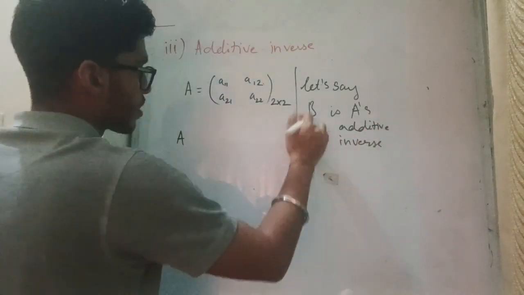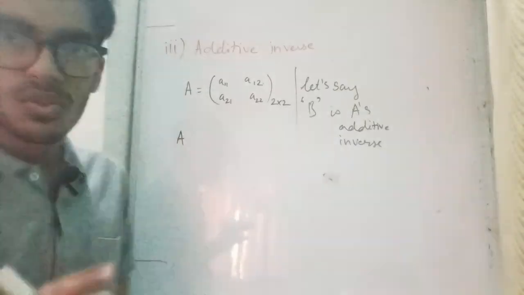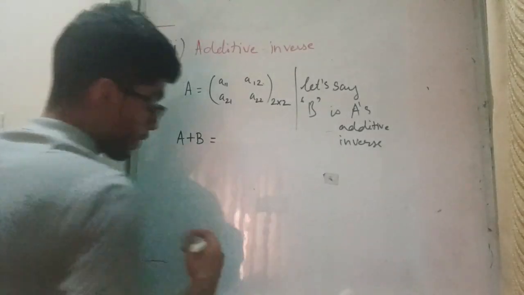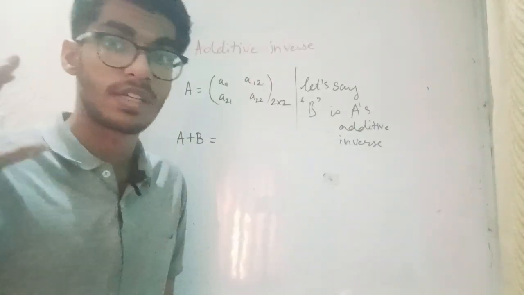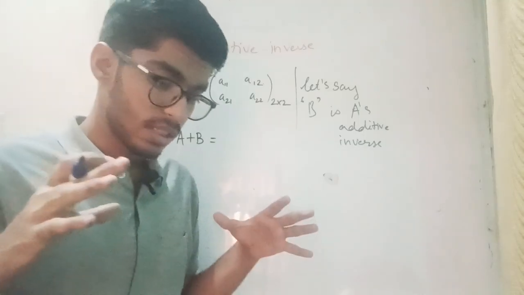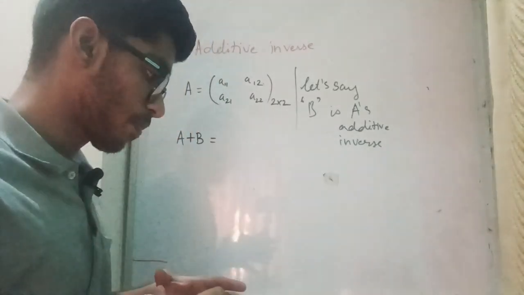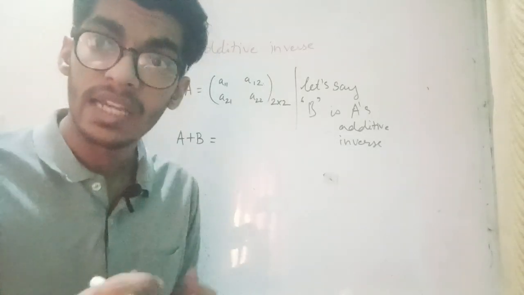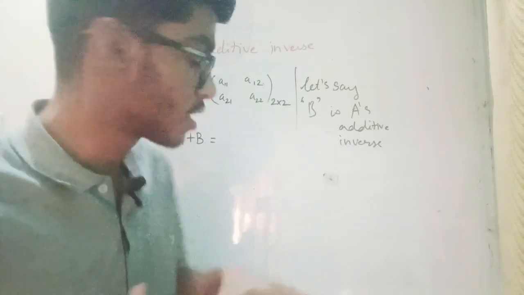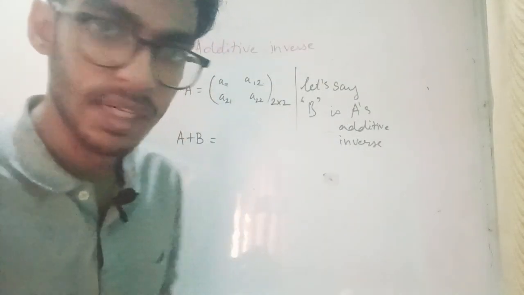So I say there's a matrix B which is the additive inverse of A. So A plus B, if I follow the same idea that we have studied in numbers, and matrix addition is nothing but adding two arrays of numbers, where the numbers that occupy the same position in the two matrices get added together, right?